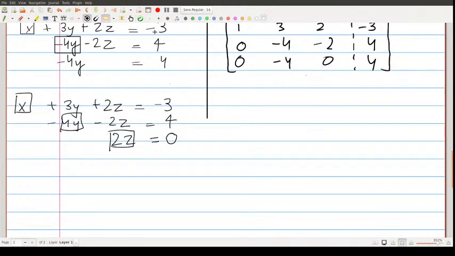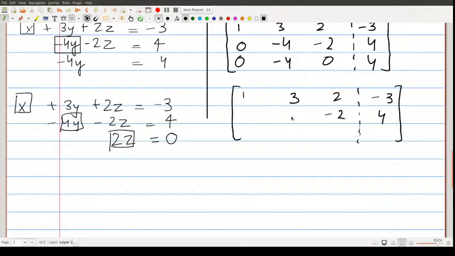And so this system becomes this system, right? So this is 1, 3, 2, minus 3, and 4 here, minus 2, minus 4, 2, 0, and 0, 0, 0, right? So at this point you stop the process of elimination.